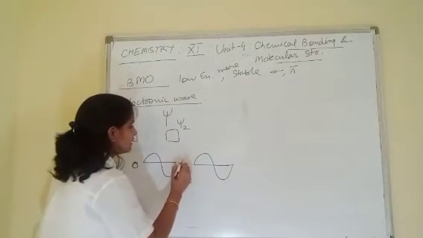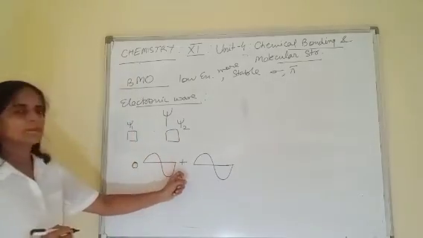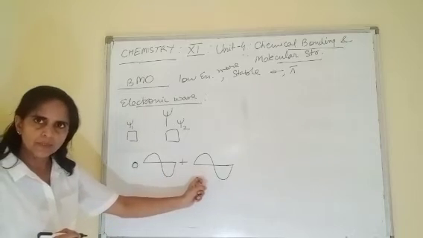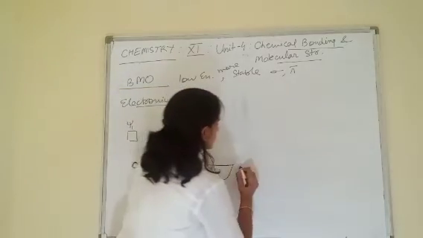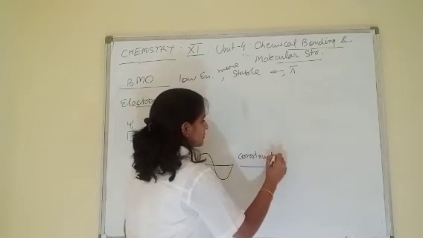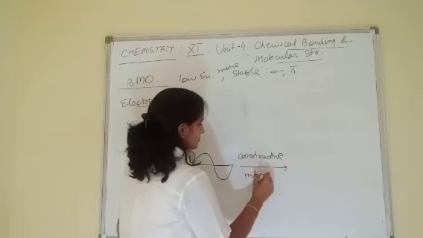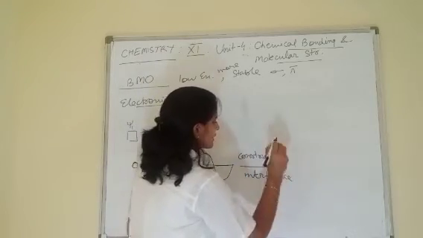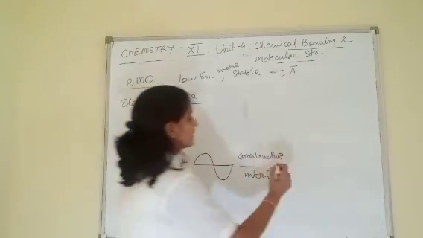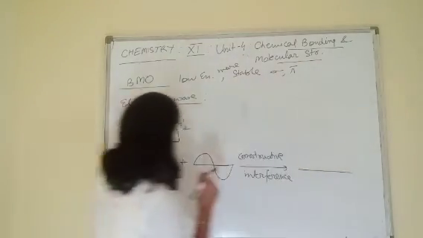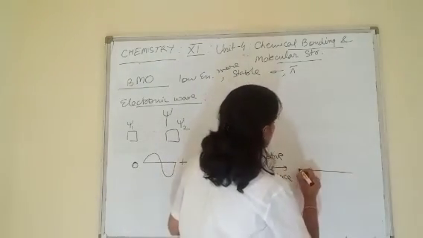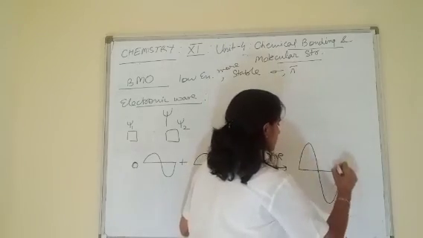If these two electronic waves combine together with a plus sign, this is constructive interference. As a result of constructive interference, these waves are simply added up.